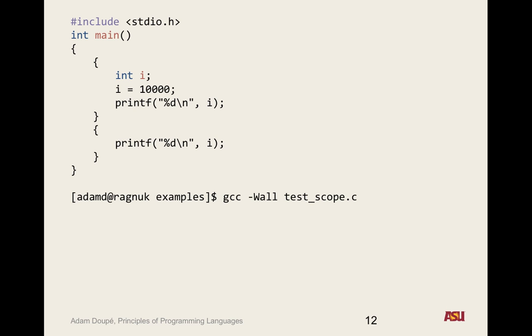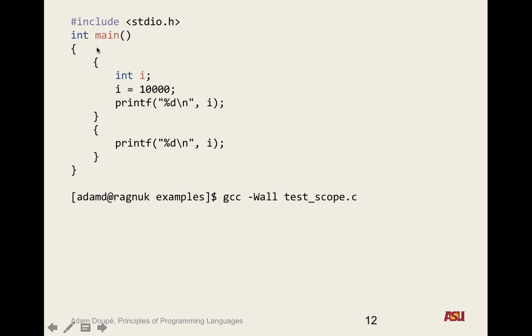So in this block here, remember, scoping affects how to map a name to a declaration. When I see this I, here we're assigning 10,000 to I, I know how to look up, and we'll get into how exactly we look up, but I know that this I refers to this declaration of I. So when I print out that I, this name I maps to this declaration of I. But C has block level scoping rules.